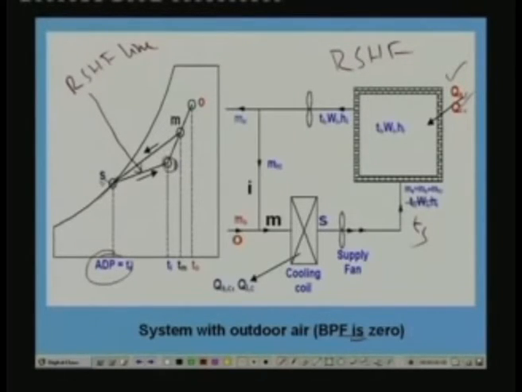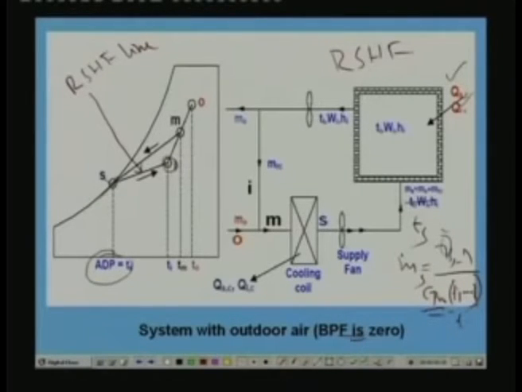Once you know this temperature, then we can find out the mass flow rate of air, m dot S. How do you find the mass flow rate of air? From energy balance for the sensible heat portion, we have seen that mass flow rate of air is nothing but QSR divided by CPM into Ti minus Ts. Everything is known to us: QSR is known, CPM is known, Ti is known, Ts is known.